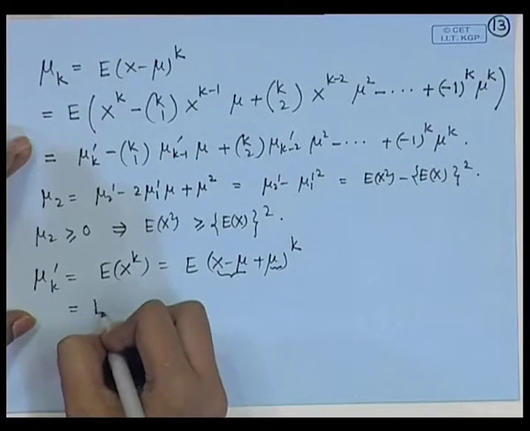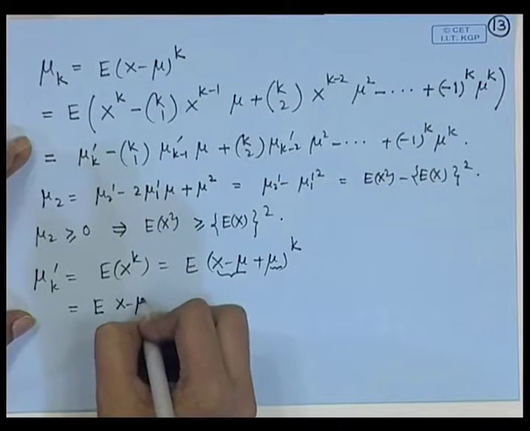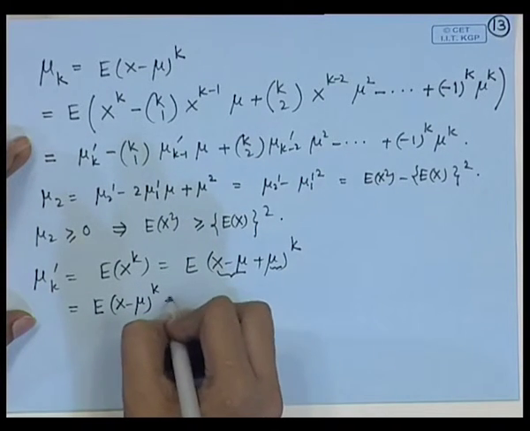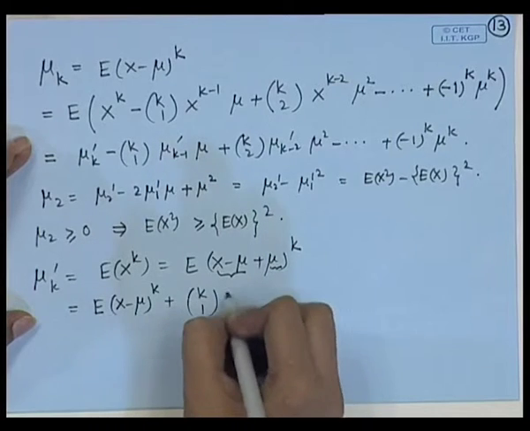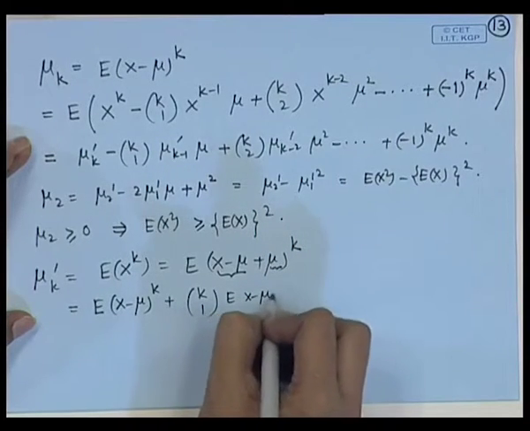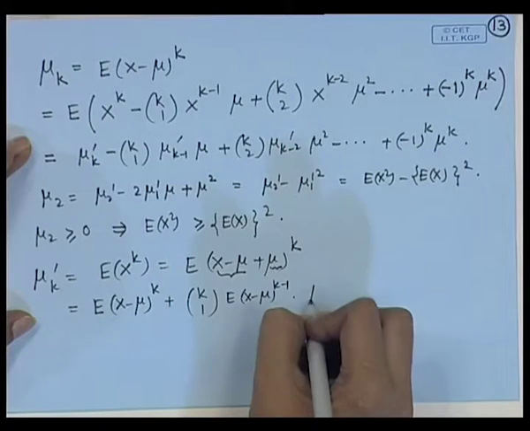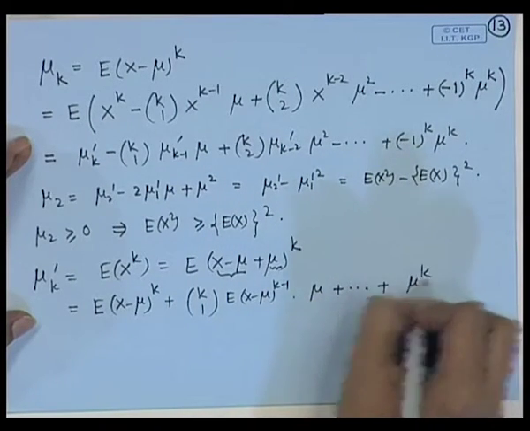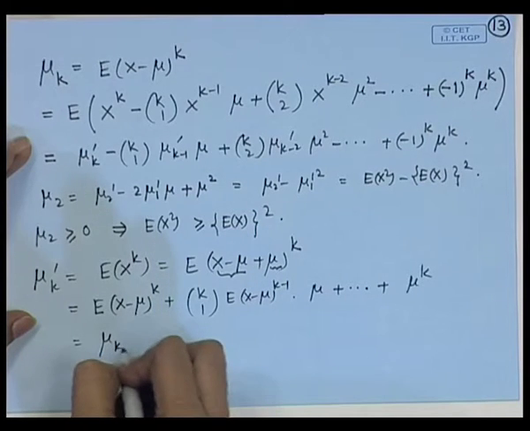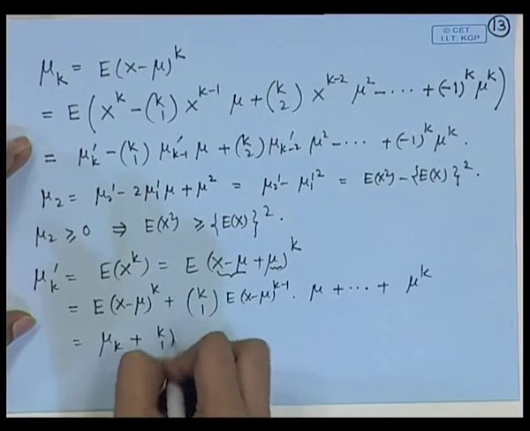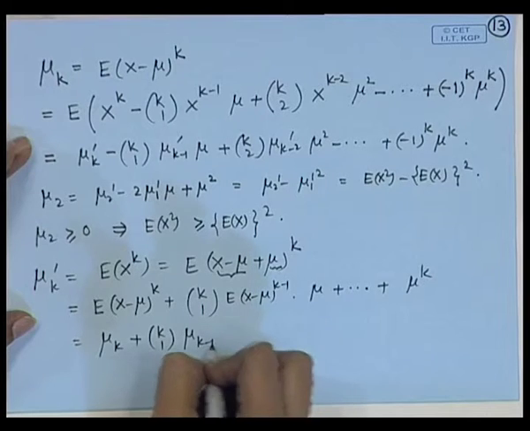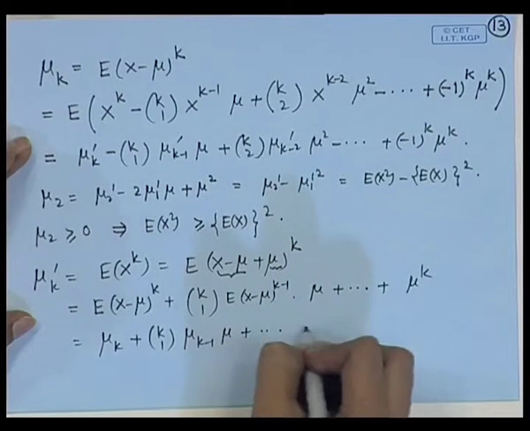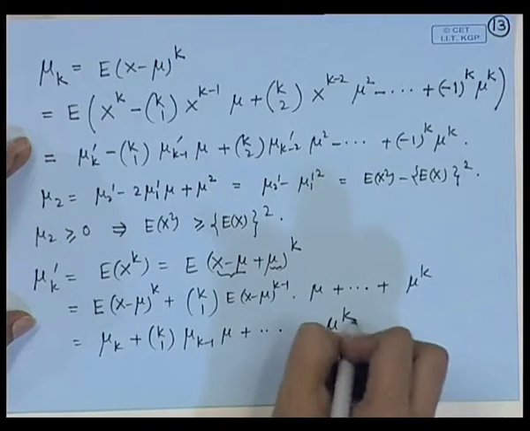So, this becomes expansion of plus k c 1 expectation of (x minus mu) to the power k minus 1 mu and so on. That is equal to mu k plus k c 1 mu k minus 1 mu plus mu to the power k.